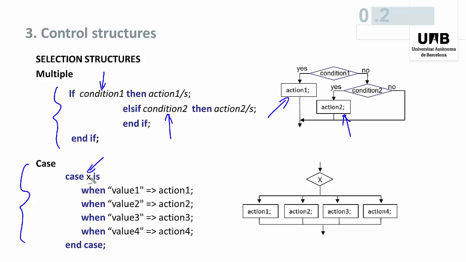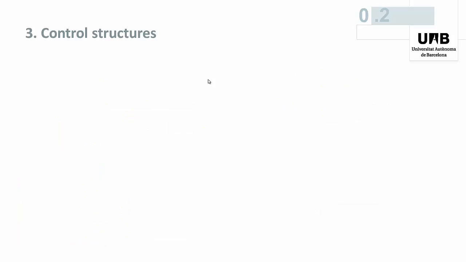In the case that x is equal to value 1, then some action or some sequence of actions. In the case that x is equal to some value 2, then another action, and so on, with value 3 and value 4. Let us see some examples.